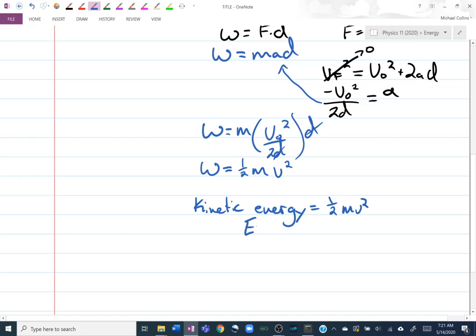When we talk about energy, we can give it a symbol capital E, and then to give it the type of energy, we give it a lower subscript like this. So kinetic energy is equal to 1/2 mv squared. And that's how much work an object could do if it's moving with mass.